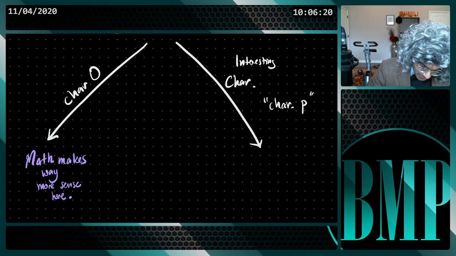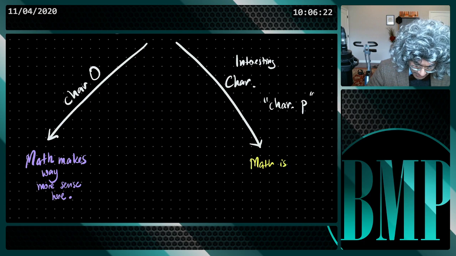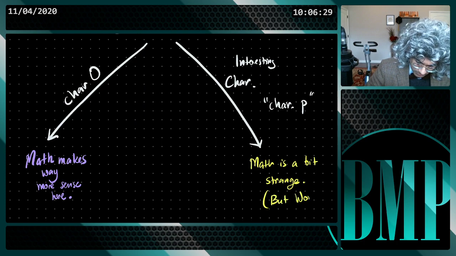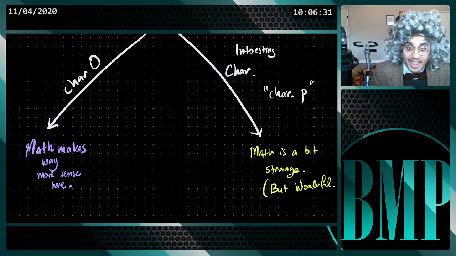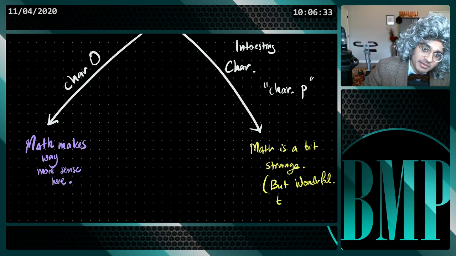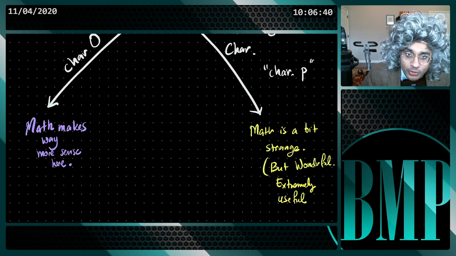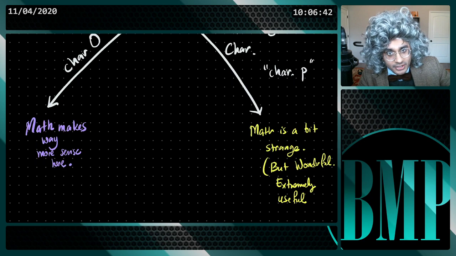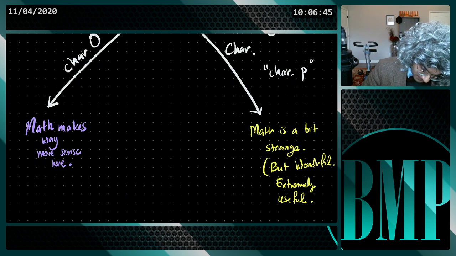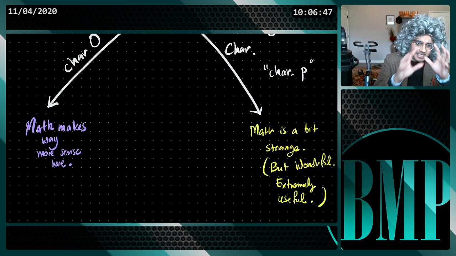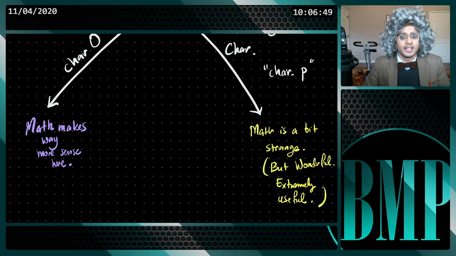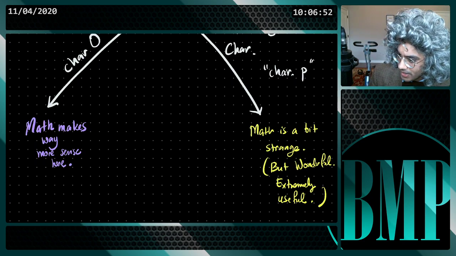And over here, math is a bit strange, but wonderful. And believe it or not, extremely useful, even if your original intention was to understand a characteristic 0 situation. This is the general story of number theory. Okay, awesome.